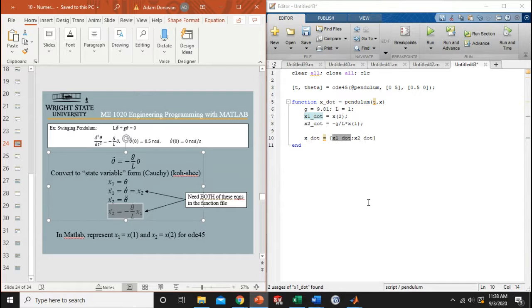My first column will be theta. My second column will be theta dot. And so that's just the way you have to set up these equations. That's the other key: you have to set them up so that both x1 dot and x2 dot are in an array. The first row needs to be x1 dot. The second row needs to be x2 dot.